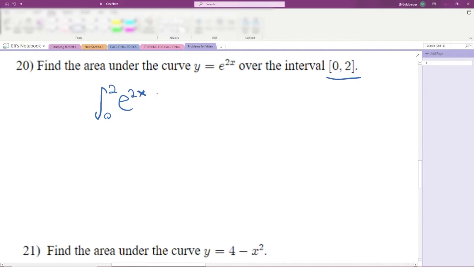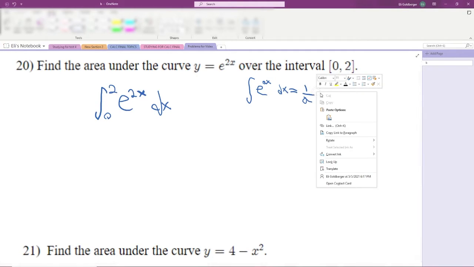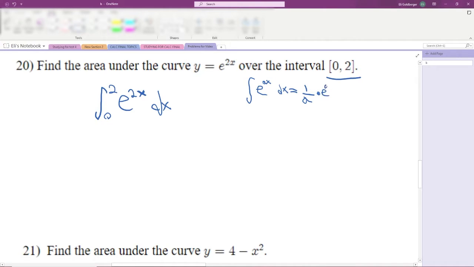And basically, when we integrate this, we know that there's a formula. Whenever you take the integral of e to the ax, in this scenario the a would be 2, what you'd get is 1 over a times e to the ax plus c.